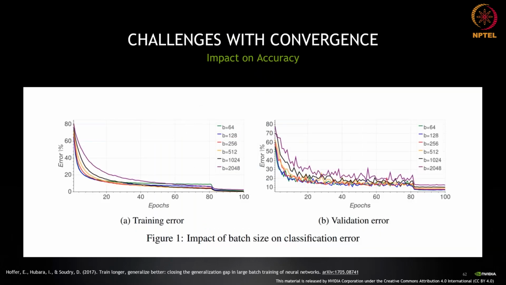One more problem that we find with the scaling is the loss of accuracy. What you're seeing here is a graph, which is part of the paper, where you can see when you change the batch size, actually there is a jump. You can see that the accuracy is fluctuating, and that is what was also observed.